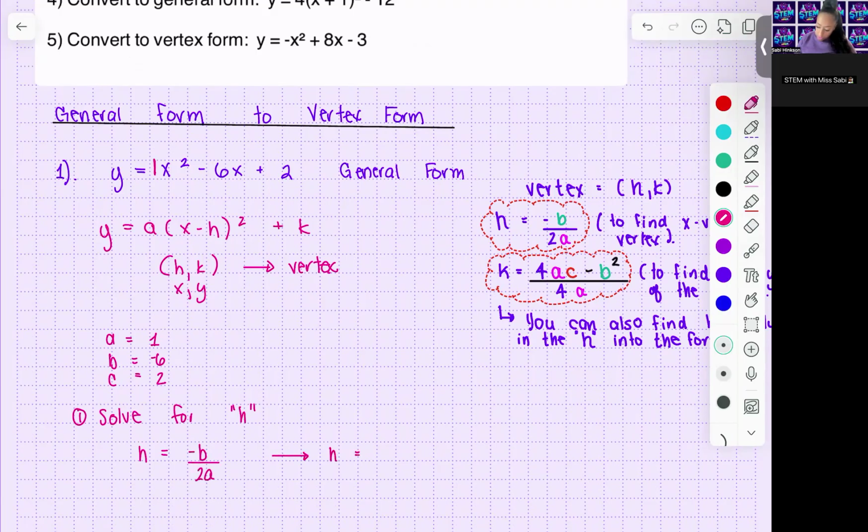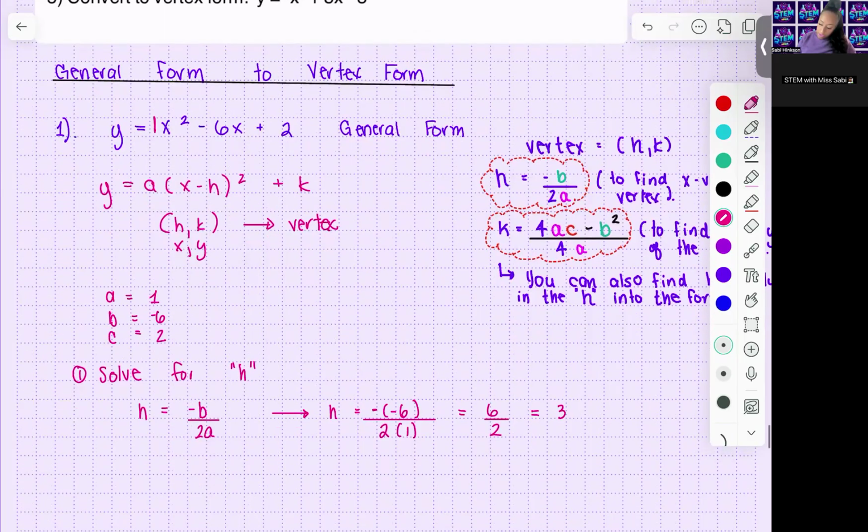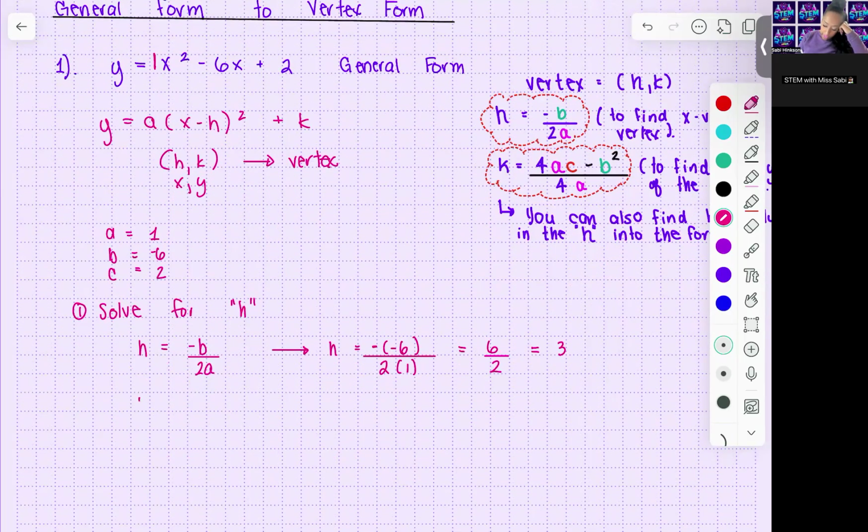My B is already negative, -6, and there is also a negative sign in the original formula. Then 2 times A, and my A is equal to 1. So I have 6 over 2, which is 3. So now I know my h is equal to 3.